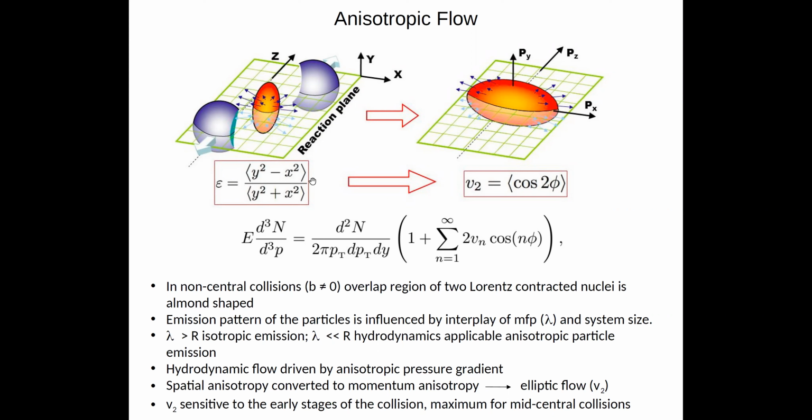The density distribution inside the nucleus is like a Woods-Saxon distribution, which means you have more matter towards the center and less towards the periphery. After the fireball is produced in the collision, your matter distribution will be highly non-uniform. You have a core and you have a corona. In the core you have more matter, in the corona you have less.